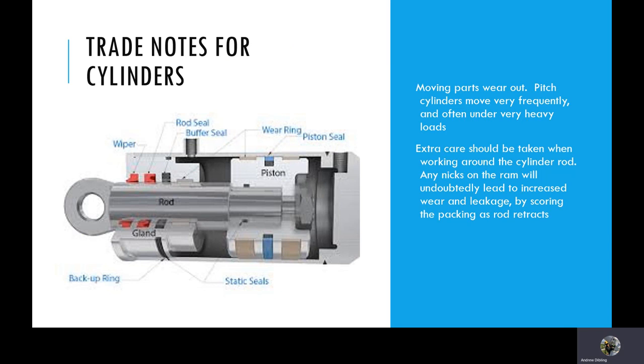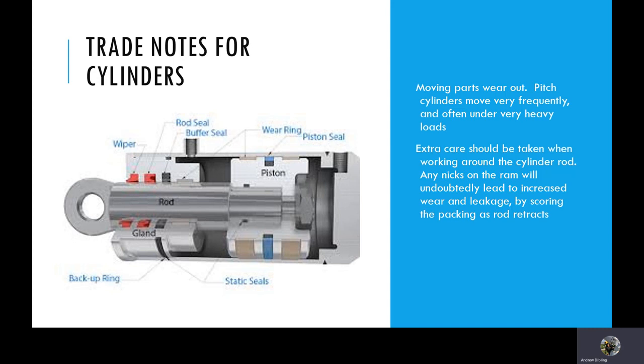Pitch cylinders, for instance, in a wind turbine are very frequently under very heavy loads, under small travels too. Even though that piston ram can travel 90 centimeters to a meter, generally it has a parked position, and then its running position is the last 10 to 15% of the travel of the cylinder, and it will go back and forth between them.